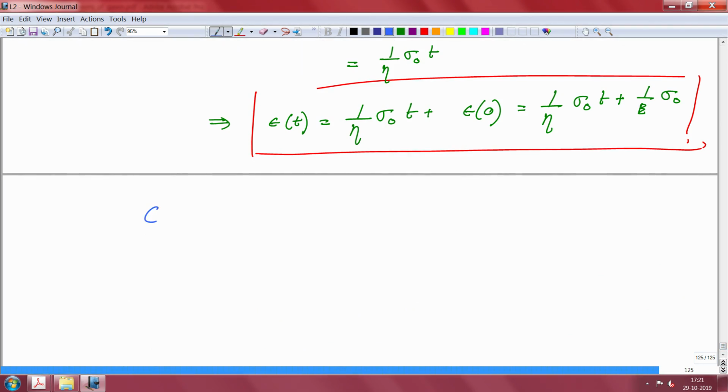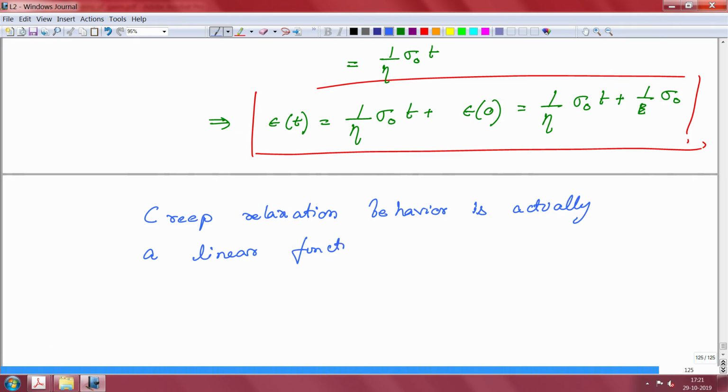So, creep relaxation behavior is actually a linear function for Maxwell model. This is not very realistic, right. This is somewhat unrealistic.